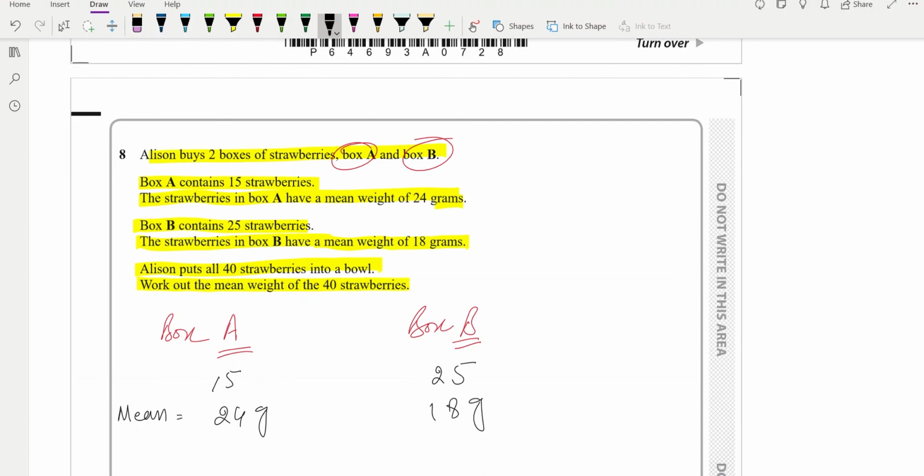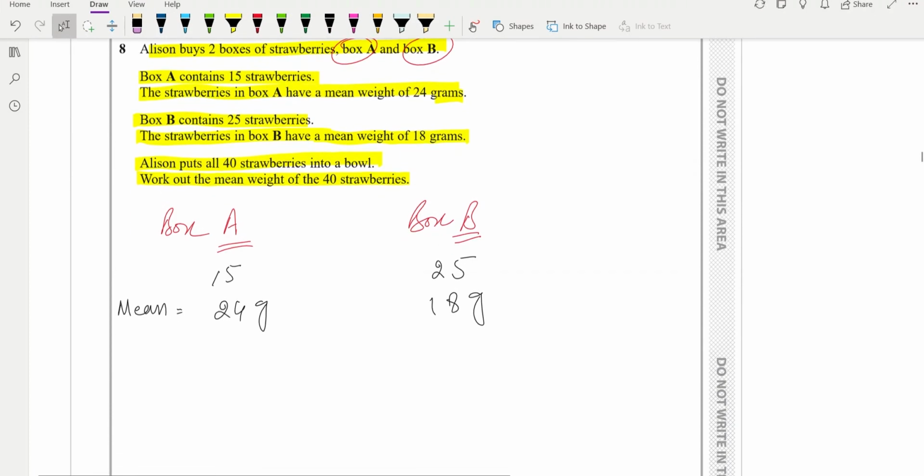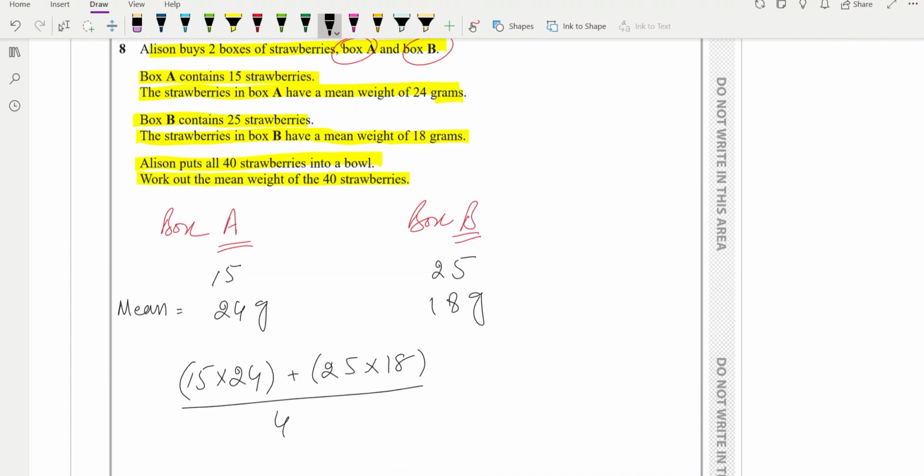Now we can calculate the total weight, so we will multiply 15 by 24 plus 25 by 18, and this will be divided by the total, which is 40.